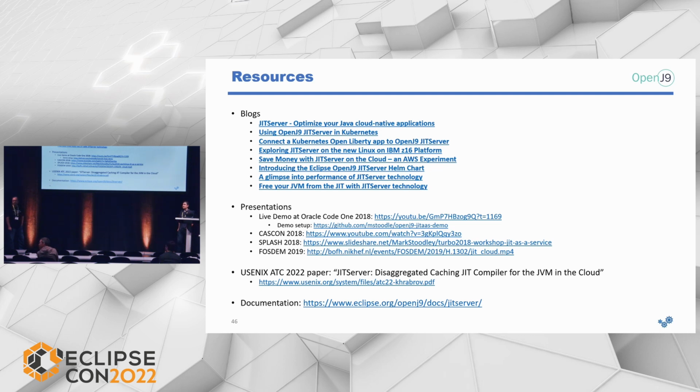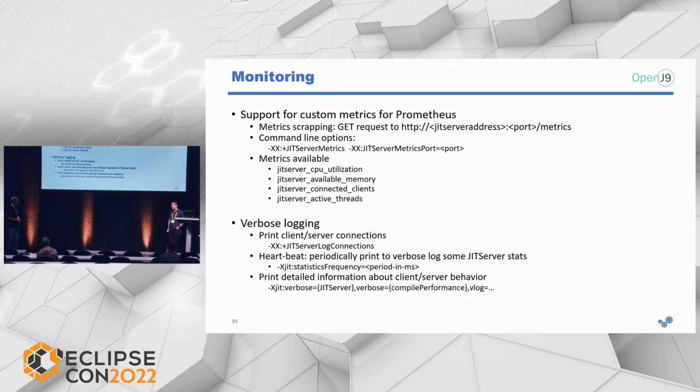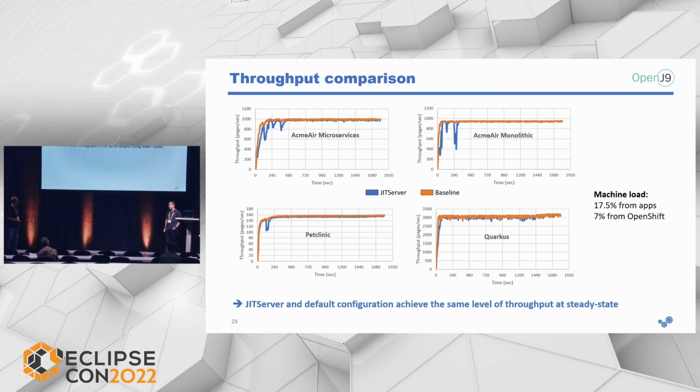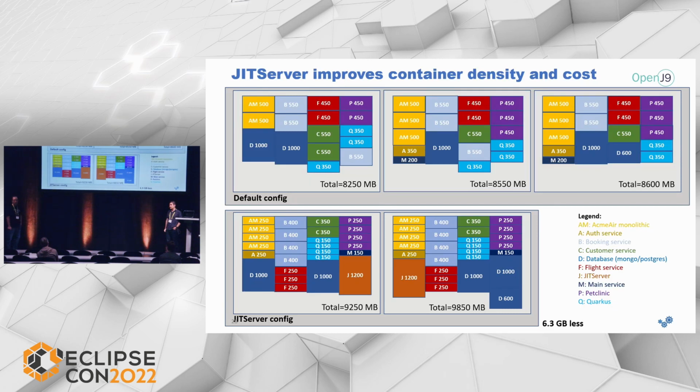Yes, another question? It's a bit along the line of that one, I guess. You have this picture where there are many applications on one server, and one JITServer. Is it required that these applications share the same libraries with the same versions? Because otherwise, if I have one method from this library to be compiled or optimized, it might clash with another one.